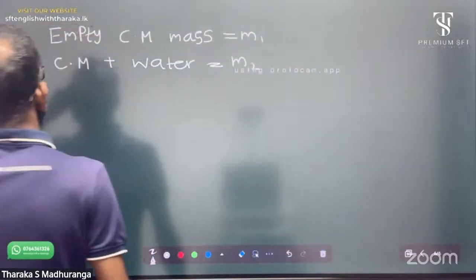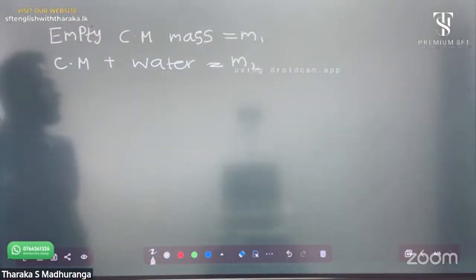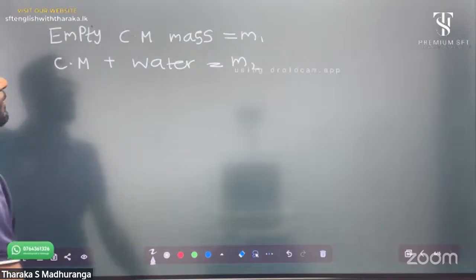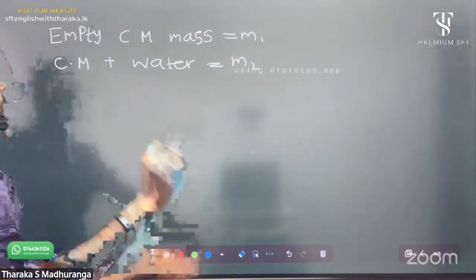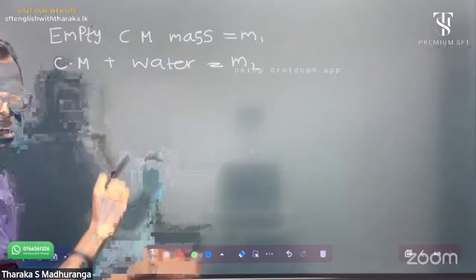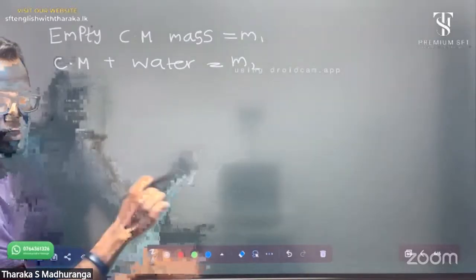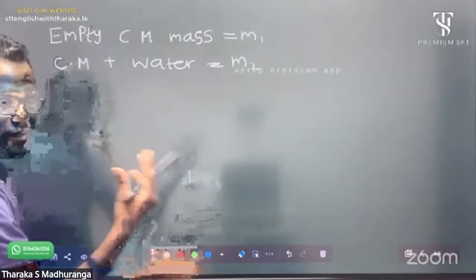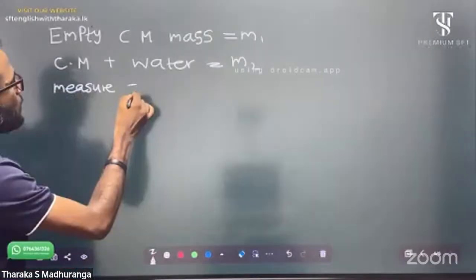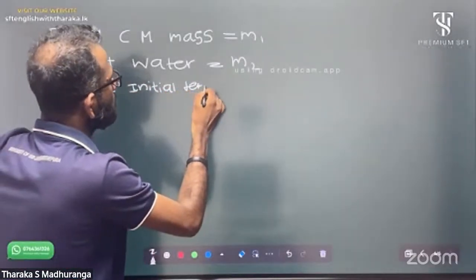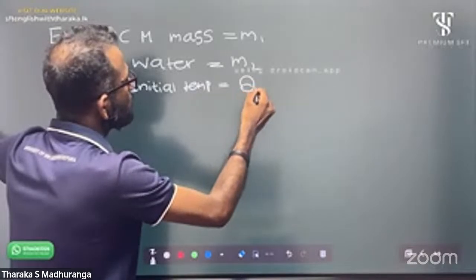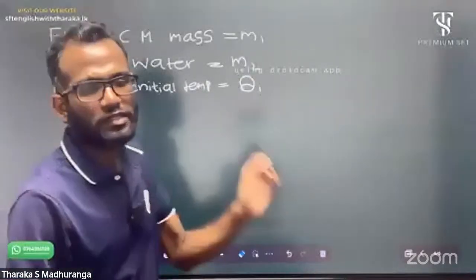Then measure the temperature of this water and calorimeter system. Measure the initial temperature. Think of it as theta 1.